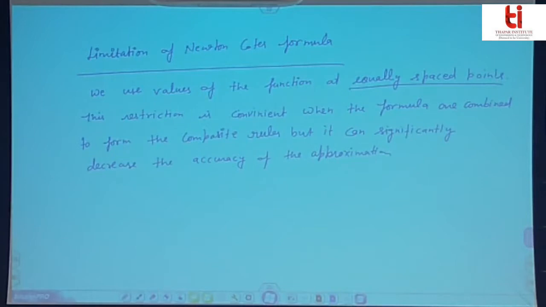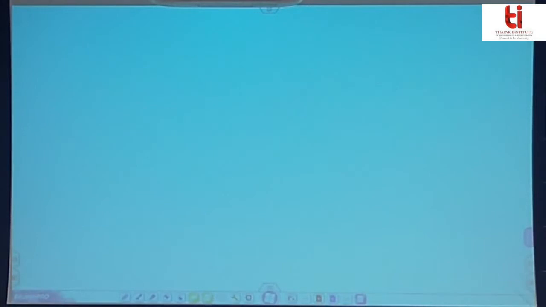Because whenever we divide the interval into small intervals, h is going to be very, very small. In that case, we'll get round off error, so the accuracy of the solution will decrease. So that's why we are going to introduce the next method, that is called Gaussian Quadrature.